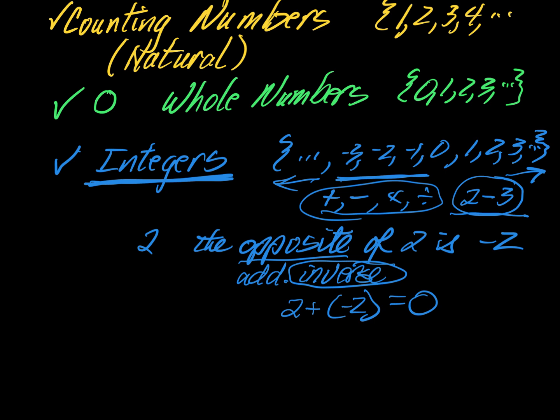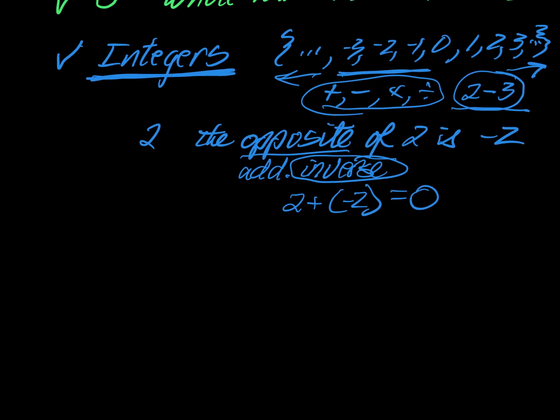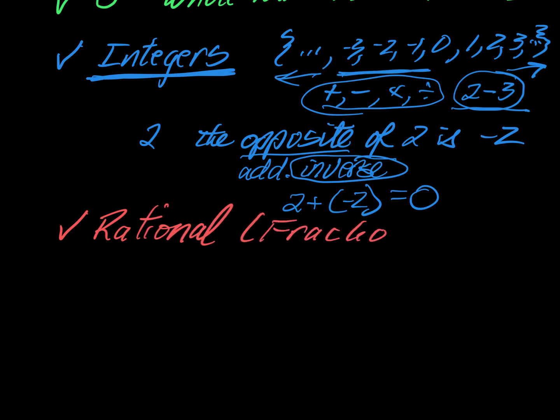Well, of course, the same thing begins to happen when you introduce the next set of numbers, and that next set of numbers would be the rational numbers. The rational numbers are what we commonly call the fractions. They came about because of the operation of division.